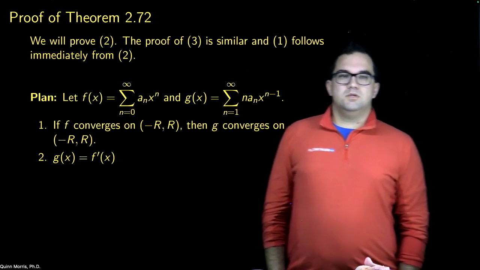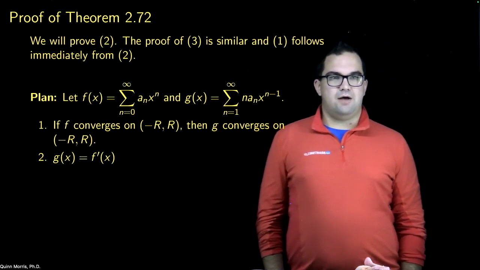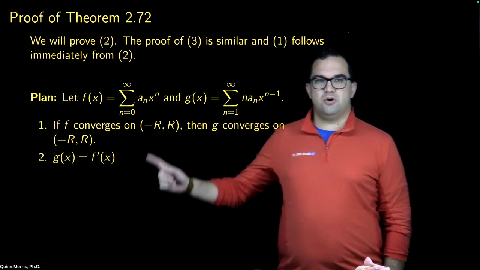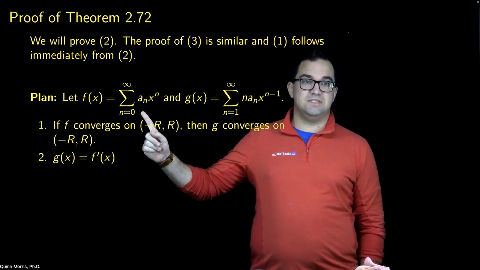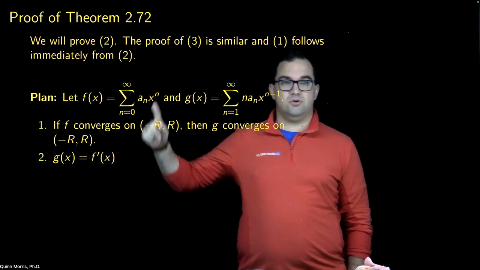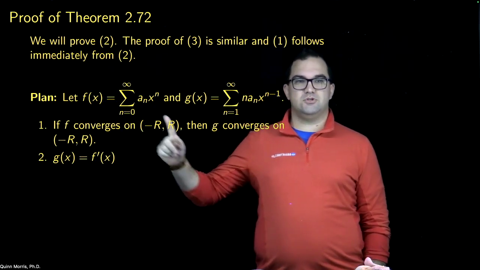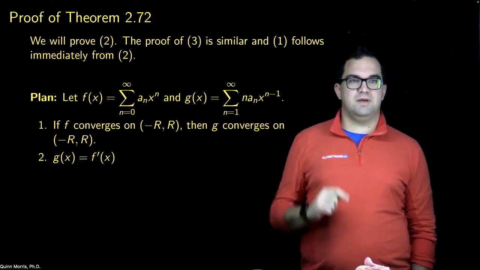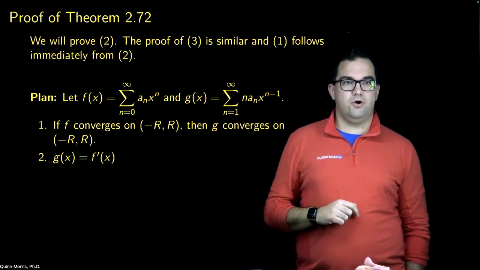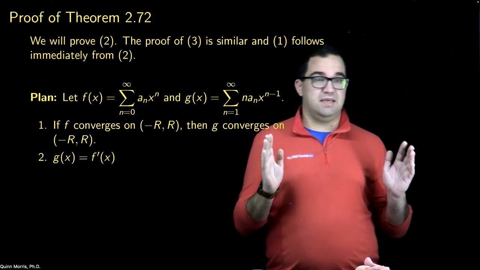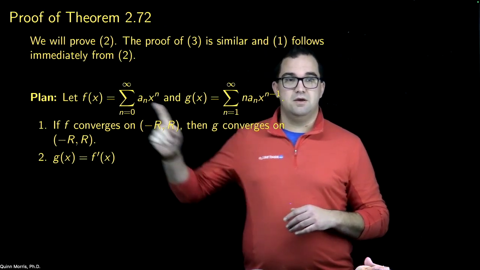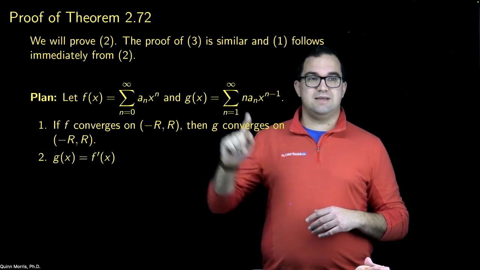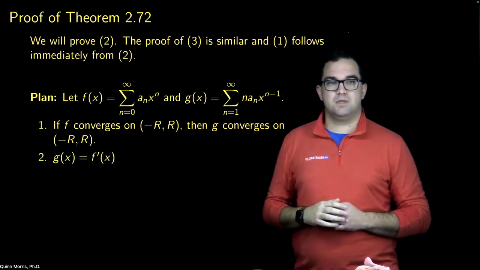So the first thing that I'm going to set out to do is show that if this power series converges, which is one of our hypotheses in the theorem, we're assuming this converges on minus r to r, then this must also converge on minus r to r. Now, that doesn't tell me anything about how else these might be related to each other. That just tells me that these 2 power series have the same interval of convergence.